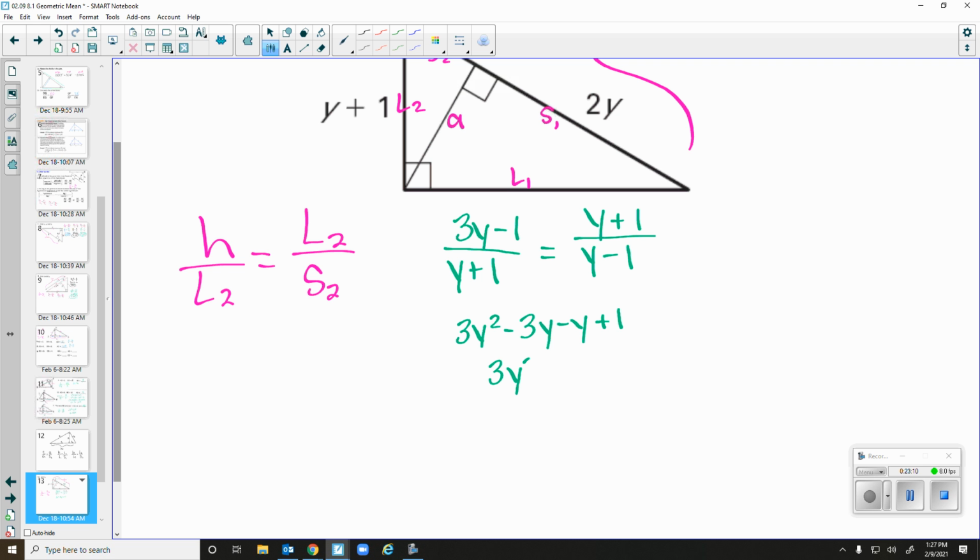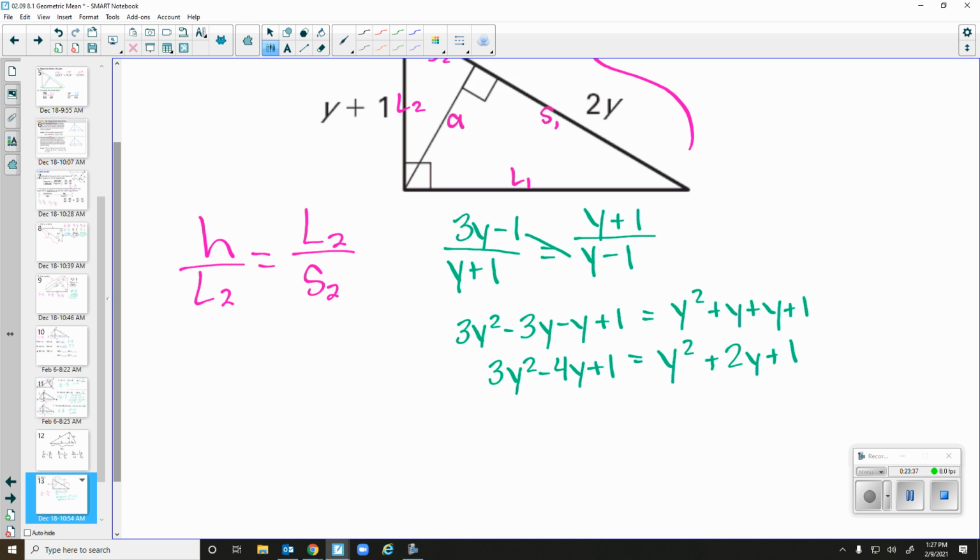So 3y squared minus 4y plus 1. Now we're doing the other direction. Y plus 1 times y plus 1 would be y squared plus y plus y plus 1. So y squared plus 2y plus 1.